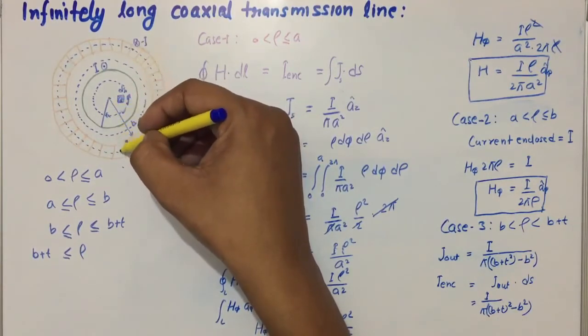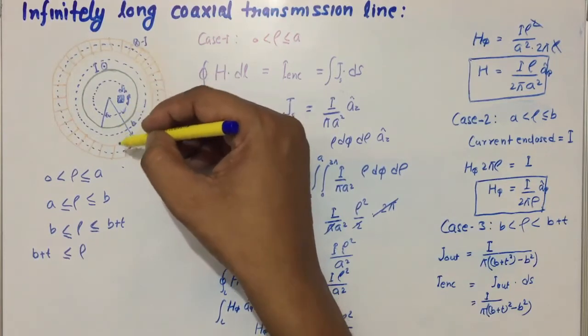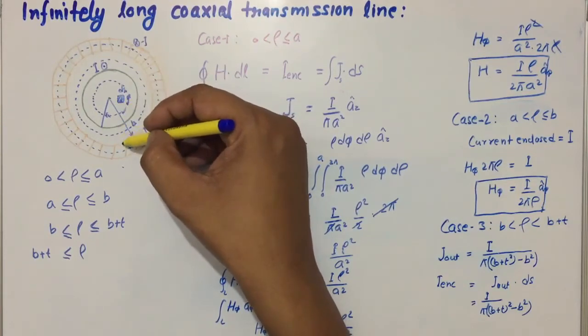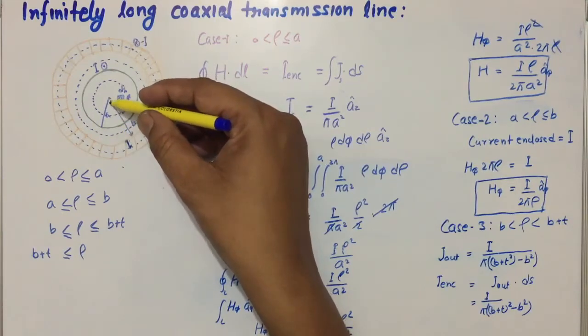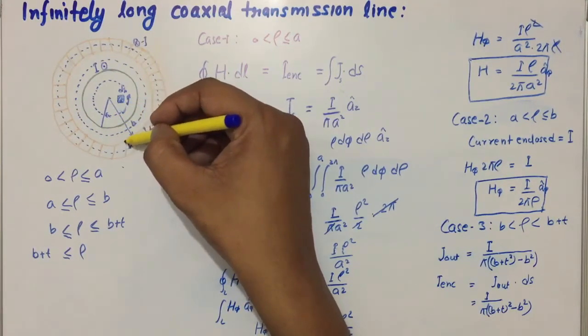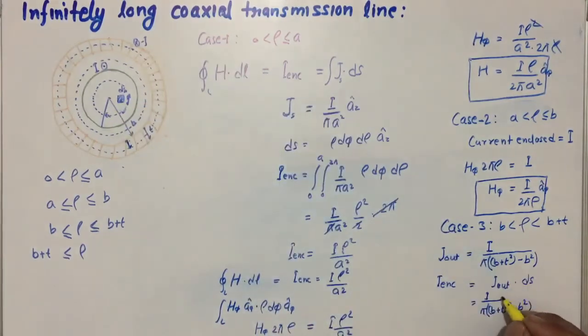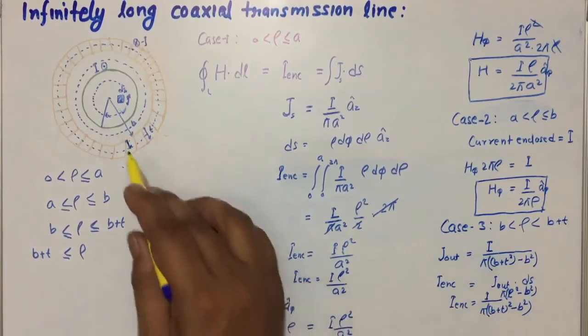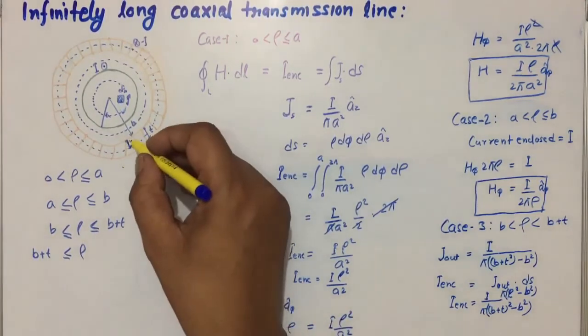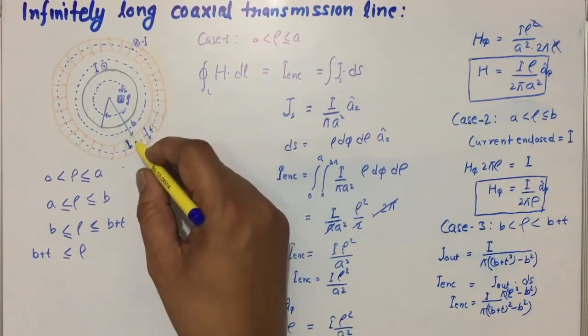This is rho and this is B. So rho squared minus b squared, so this area will be pi rho squared minus pi b squared. So in this way we can write pi rho squared minus pi b squared. So this will be I enclosed by this Amperian path for conductor 2 only.